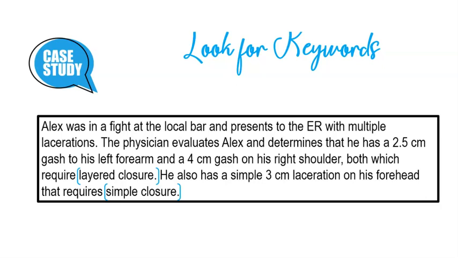Both require layered closure. He also has a simple 3 centimeter laceration on the forehead that requires simple closure. What are the correct codes for the laceration repairs? Think back to the keywords for simple, intermediate, and complex.